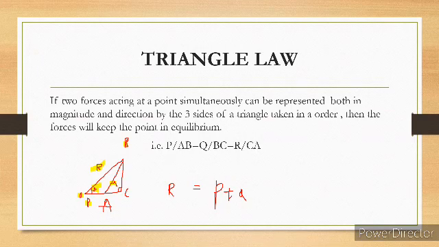After that, if you want to solve further, you have to expand this equation, R equals P plus Q. You have to expand it like A to C, draw a line, and B to C, which we have drawn here. First we'll only have P, Q, R, O and theta.